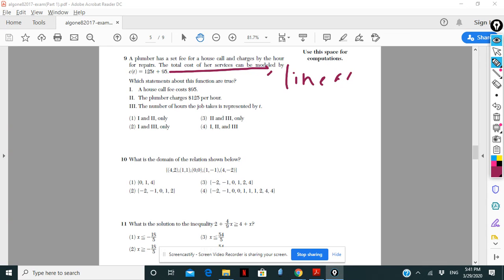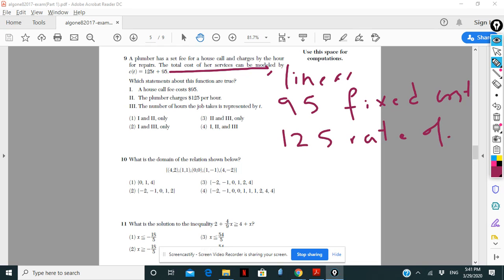So what does it mean? 95 is the fixed cost and 125 is the rate of change. Now, since I analyzed it and I know it's a linear equation, I know that the y-intercept, here is the 95, is going to represent the fixed cost, and 125 is going to be the rate of change per hour.